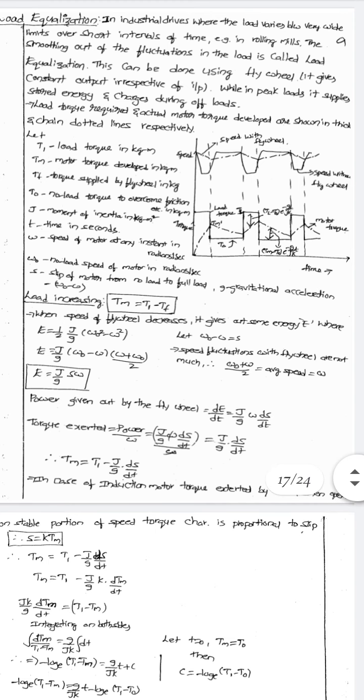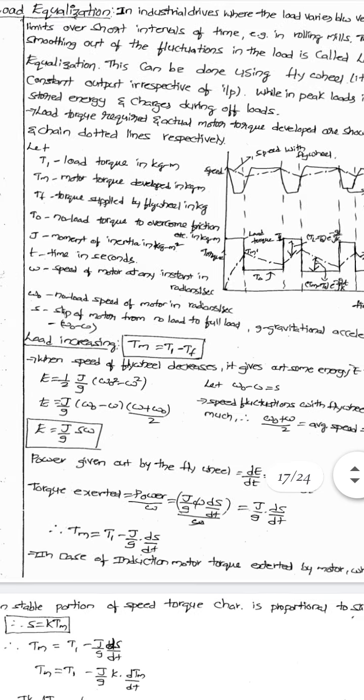For the derivation, let us assume TL is the load torque, Tm is the motor developed torque in kg meters, Tf is the torque supplied by the flywheel, where f indicates flywheel, J is the moment of inertia, t is time in seconds, and omega is the speed of the motor at any instant in radians per second. These are all the assumptions.